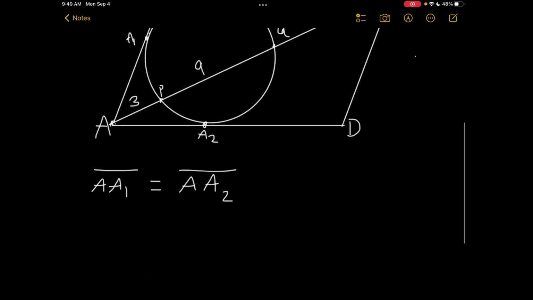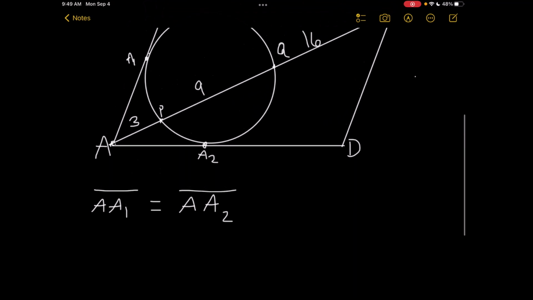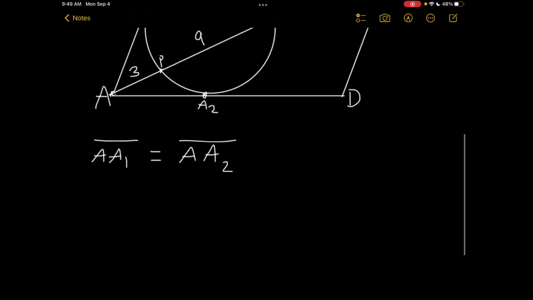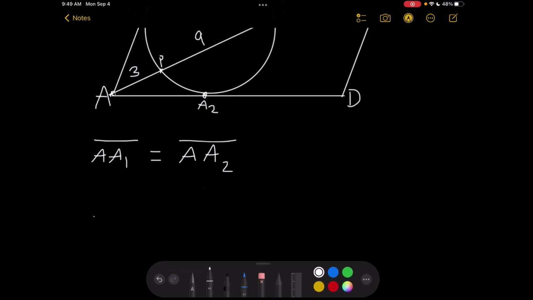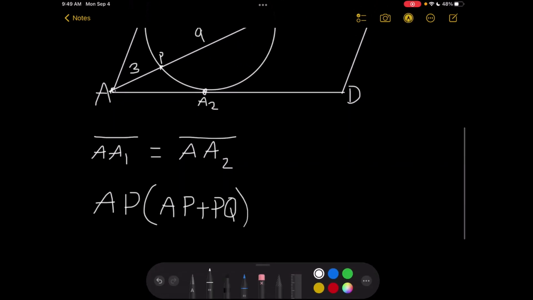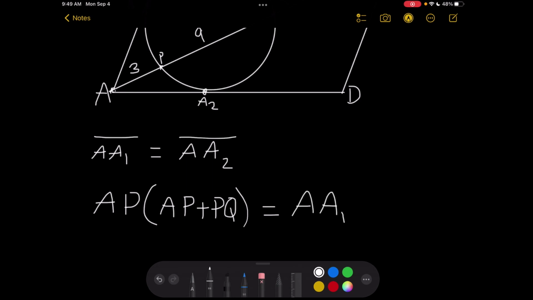By power of a point, we can use secant AQ. So by power of a point, we know that AP times AP plus PQ, the entire segment AQ, is equal to AA1 squared.